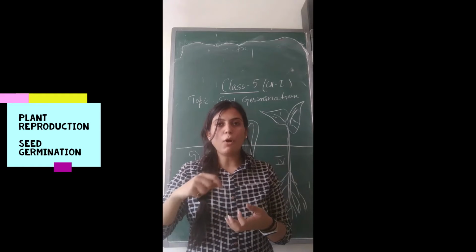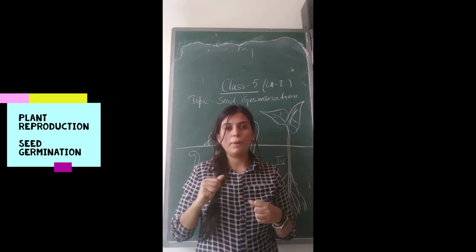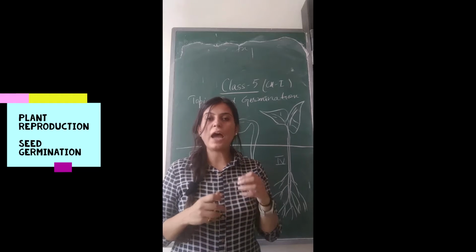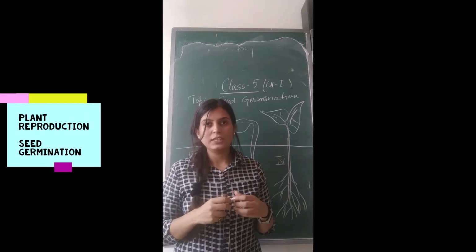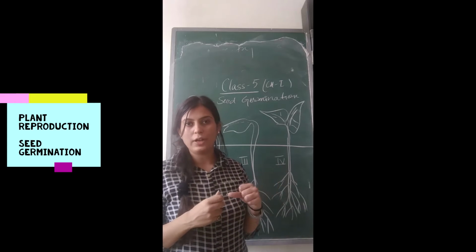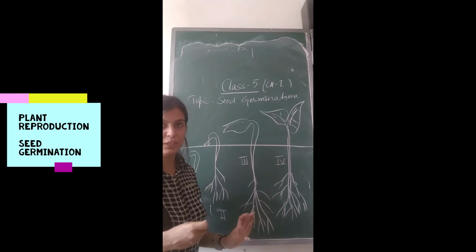When you give them proper nourishment, they grow into plants. But how do they grow into those plants? What happens during this process? If you plant the seed into the soil, there are 4 stages of germination.